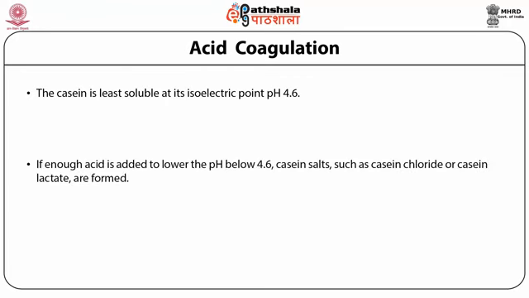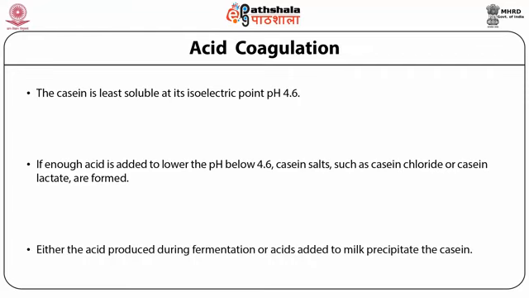If we add any acid to it to bring its pH down to 4.6, casein gets precipitated with the formation of casein salts. The chief of them are casein chloride or casein lactate.